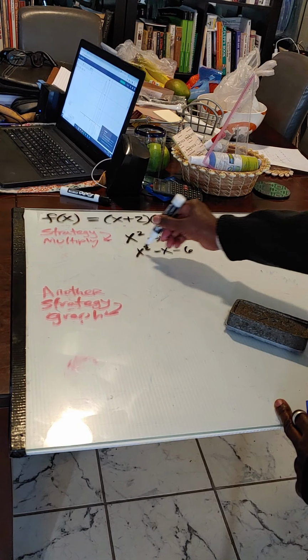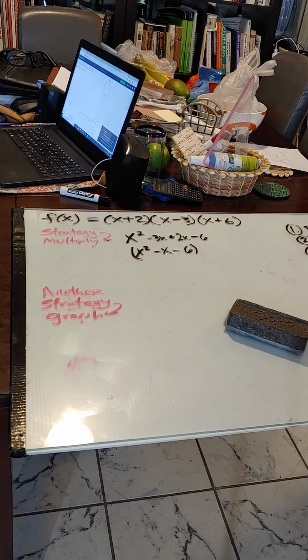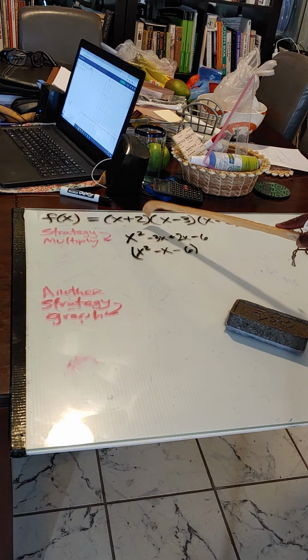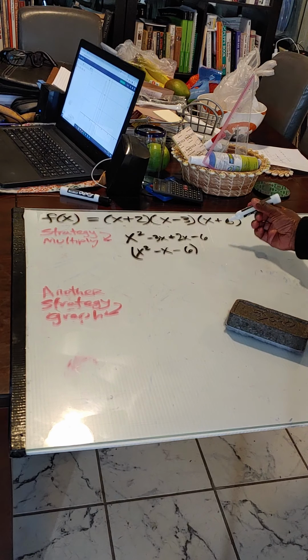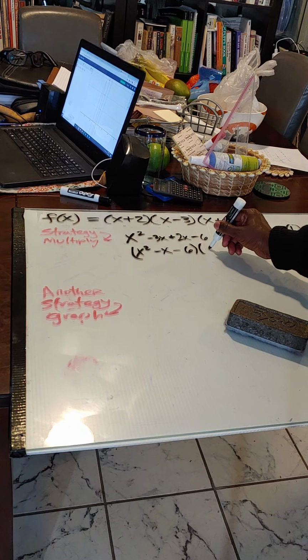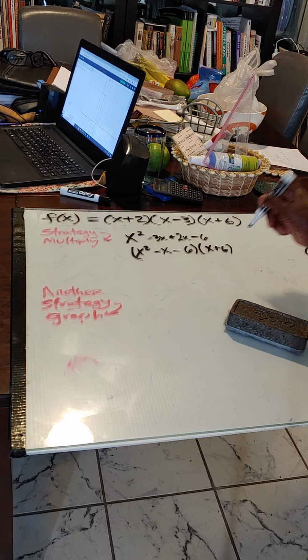Minus 6, and so x plus 2 times x minus 3 is x squared minus x minus 6. I'm going to take that and multiply it times the last binomial here, or factor, same thing.